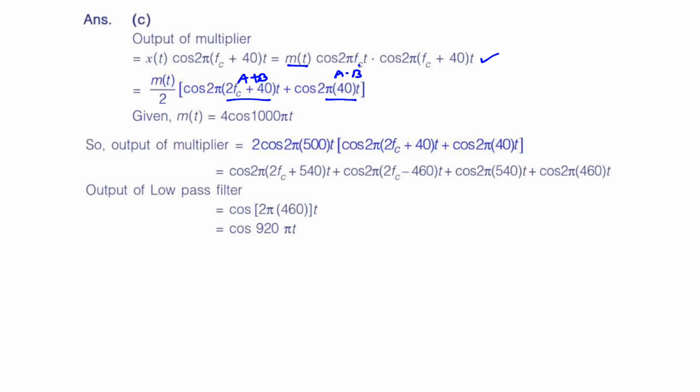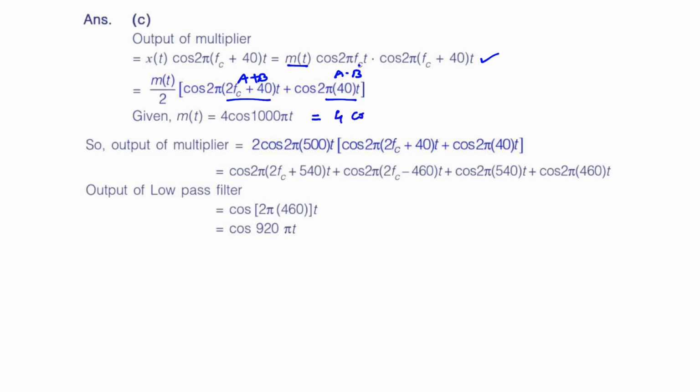Now m of t is given as 4 cos 1000 pi t. But how do you write it? Always write it with respect to frequency, in the form of 2 pi f t.